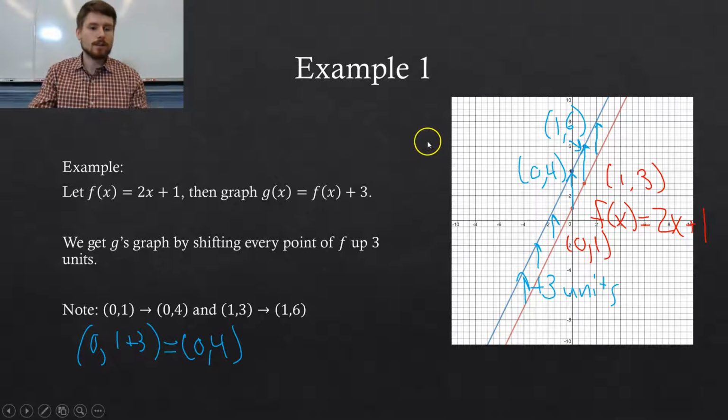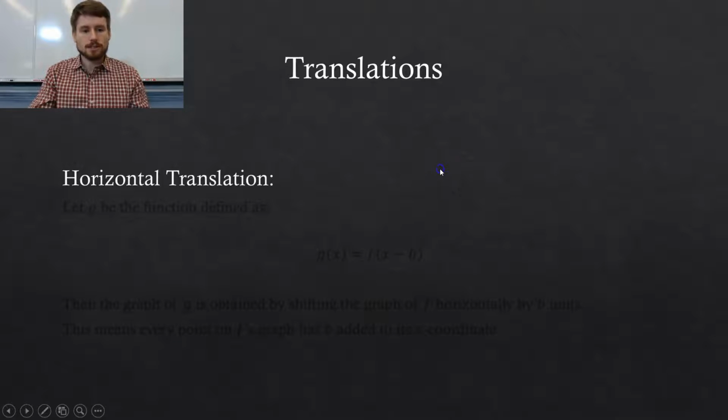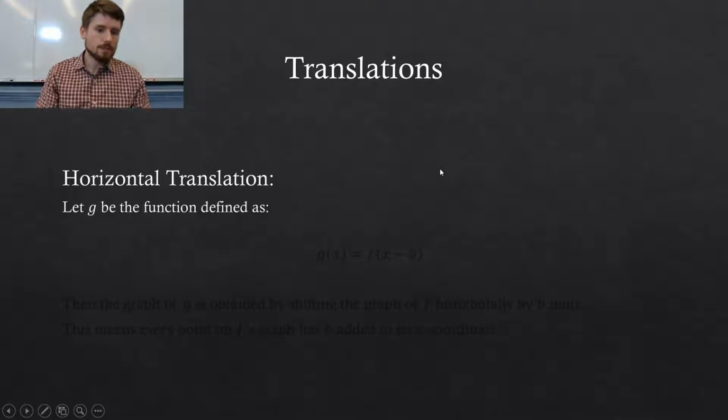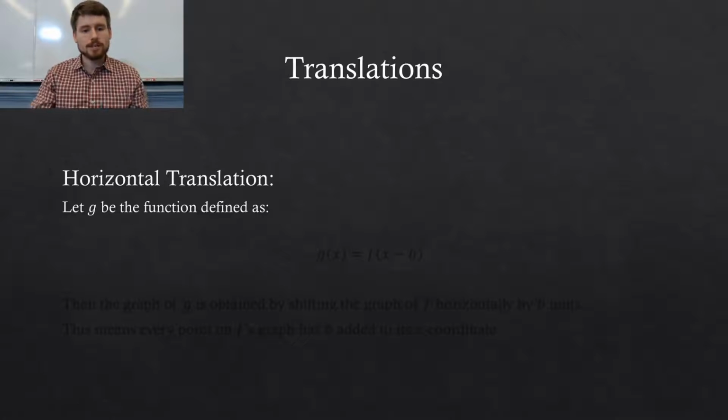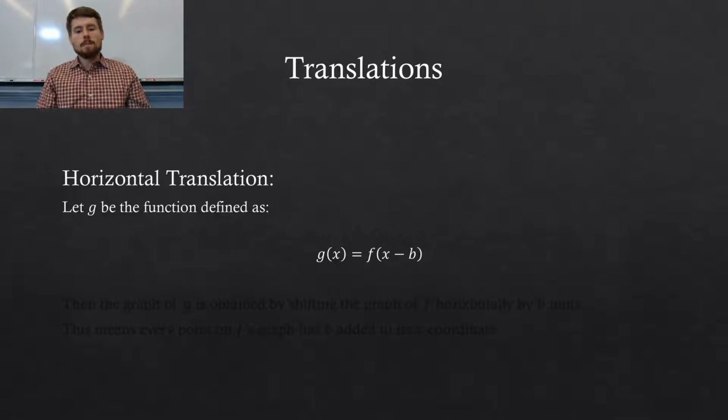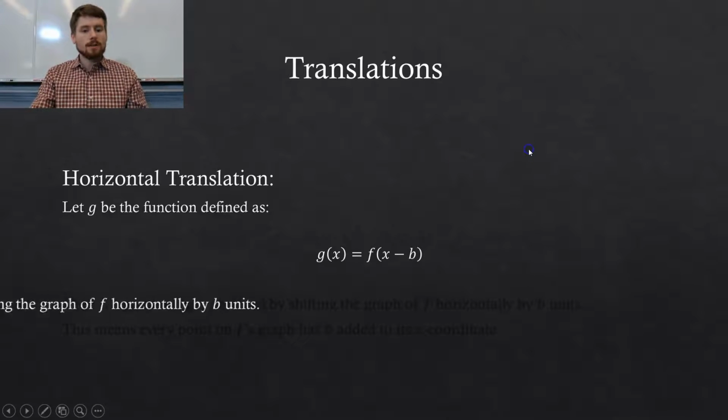Or rather than another example, let's move on to horizontal translations. Okay, so horizontal translation is going to be defined as the function f of x minus b. So what that says is that we're going to move our graph b units horizontally.